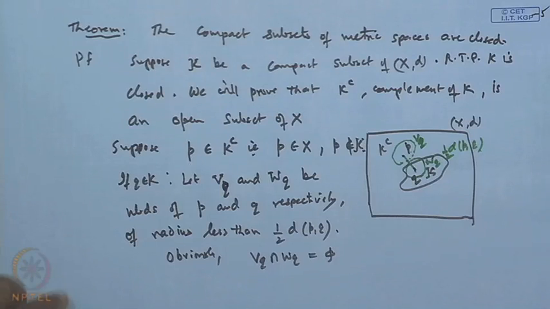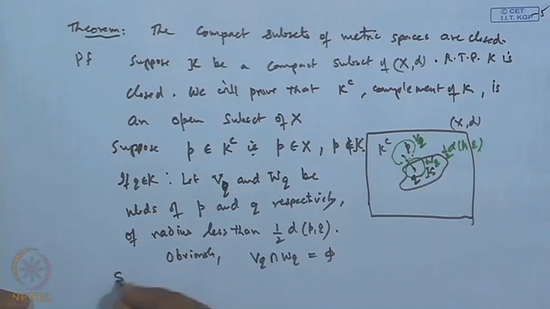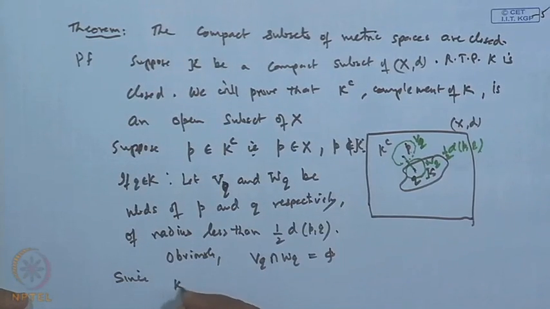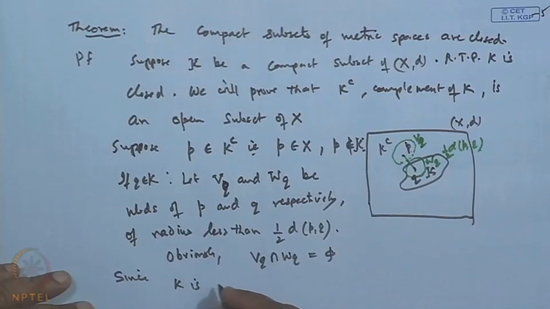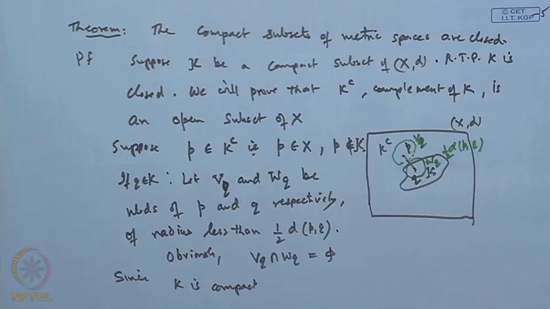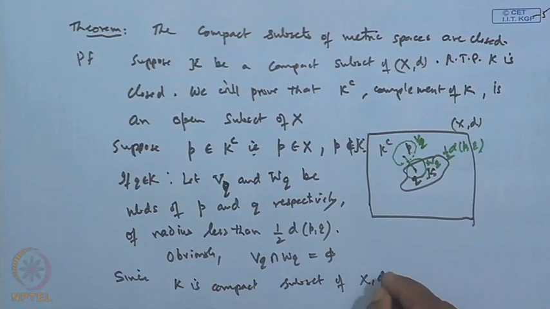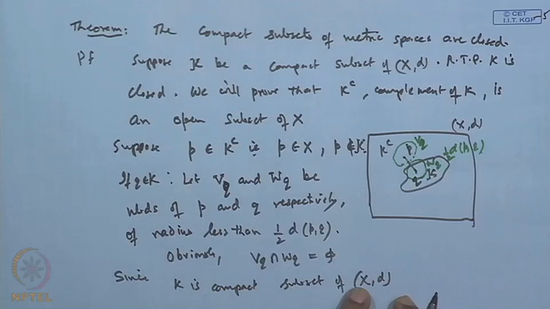Now, since K is given to be compact, K is a compact subset of the metric space X, d, every open cover of K will have a finite subcover.